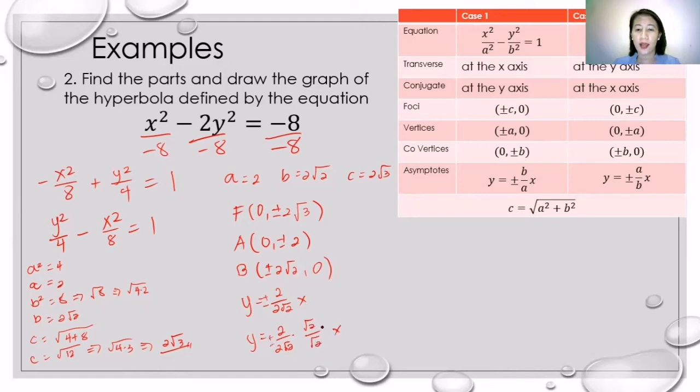So we're going to have y is equal to, we may cancel out this, and then we're going to have square root of 2 over 2. So positive negative square root of 2 over 2 times x. So we already have the parts. Let us now have the graph using Desmos.